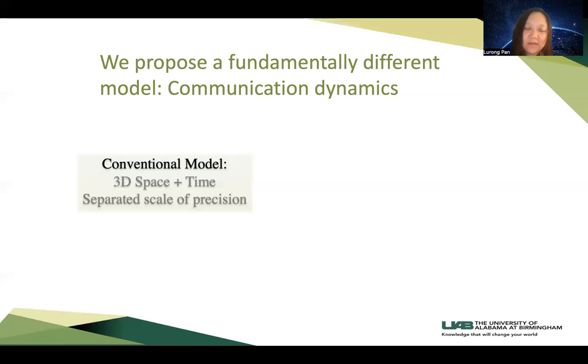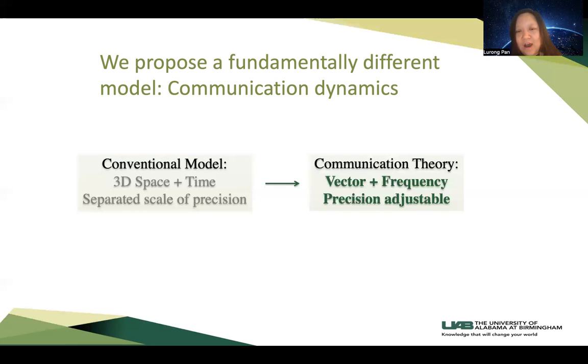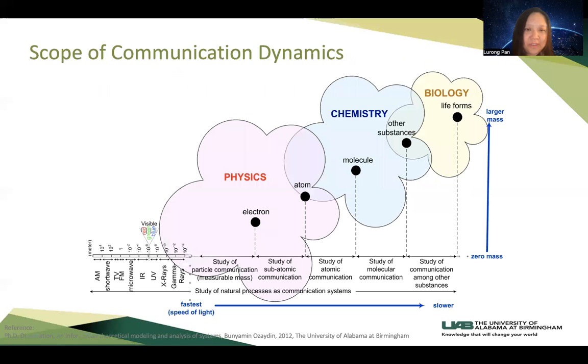However, mathematically, a 3D space plus time model might not be the most efficient way to compute and describe the complex world that we live in. In this case, we introduce a novel way, in which we use a vector of space-time plus frequency. In that case, it can be unified across different precisions as an adjustable model. And I will introduce some detail of this.